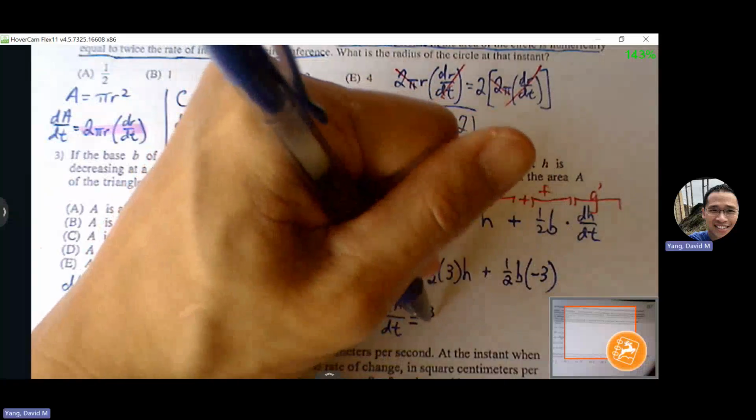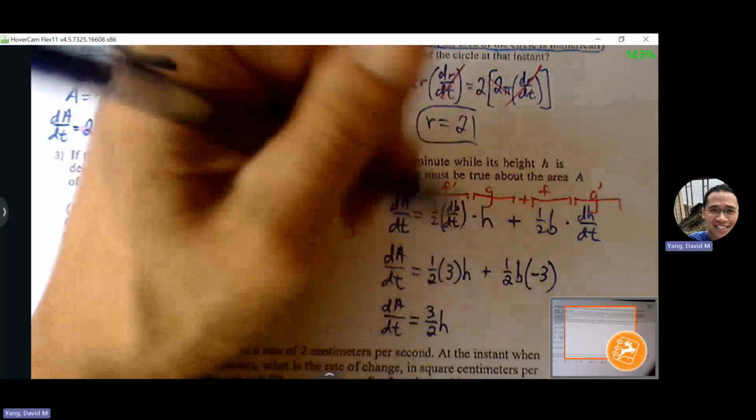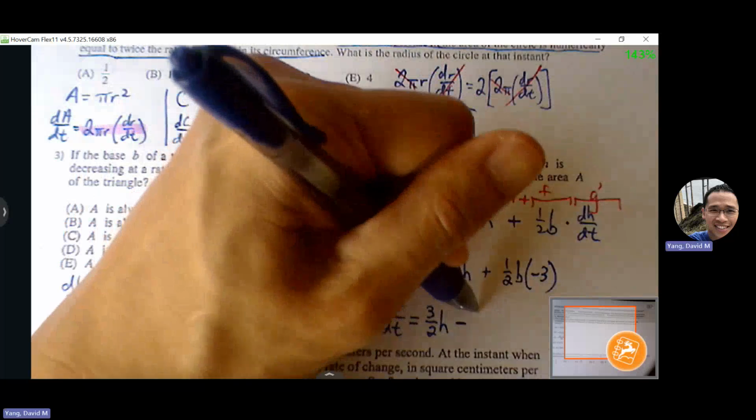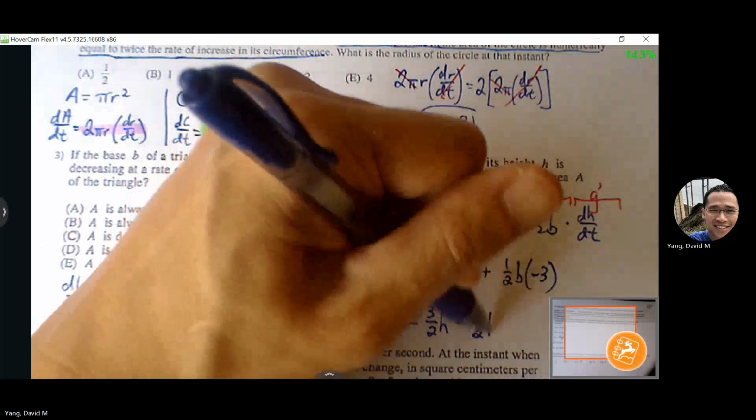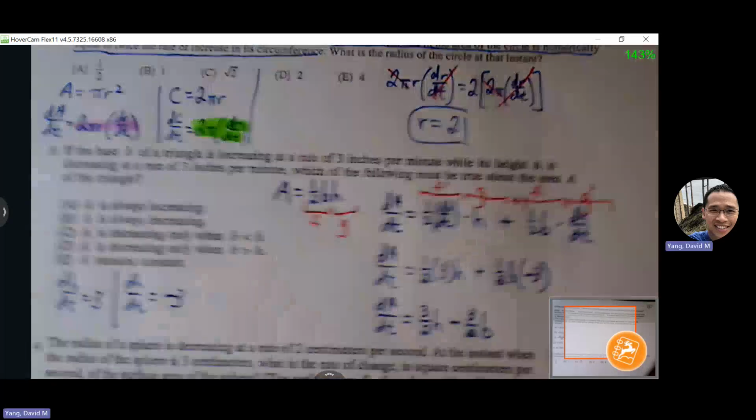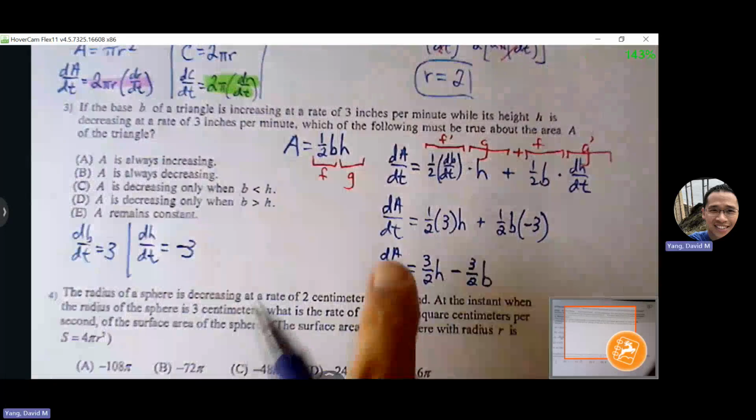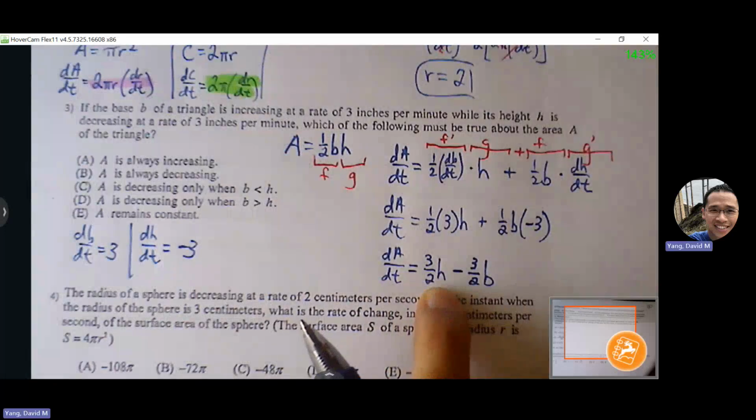So I have 3/2 h minus 3/2 B. Okay, so the rate of change of the area is going to be this formula here.